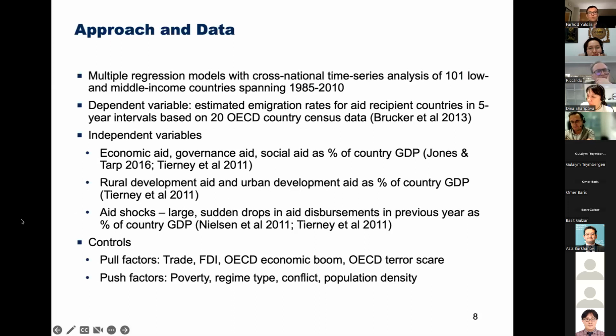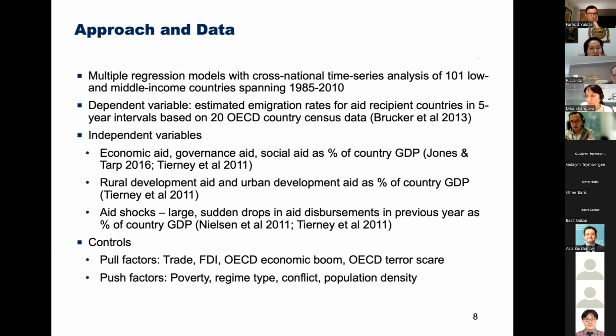To evaluate these hypotheses, we used a multiple regression approach where we looked at cross-national time series data for 101 low and middle income countries spanning 1985 to 2010. And we typically use country fixed effects as well, grouping the countries as well as the years in our models.